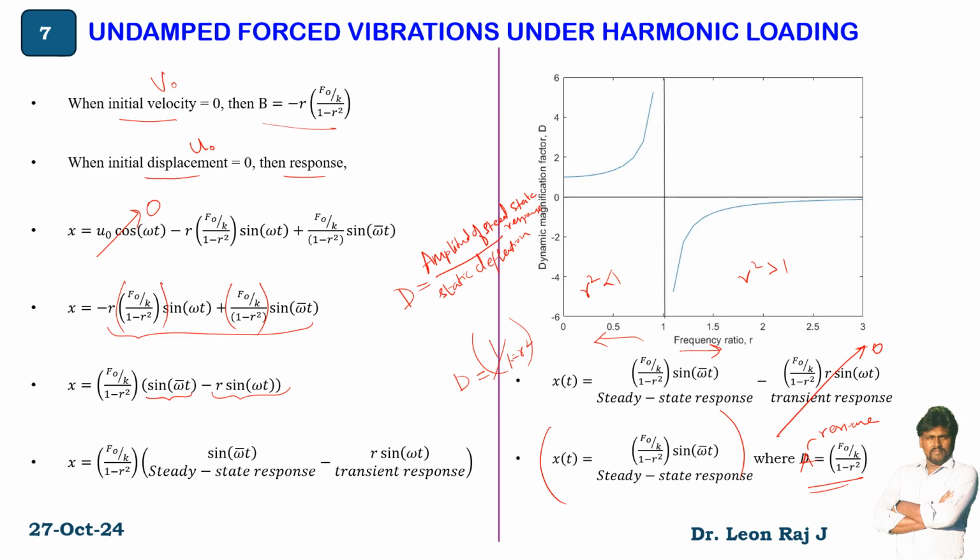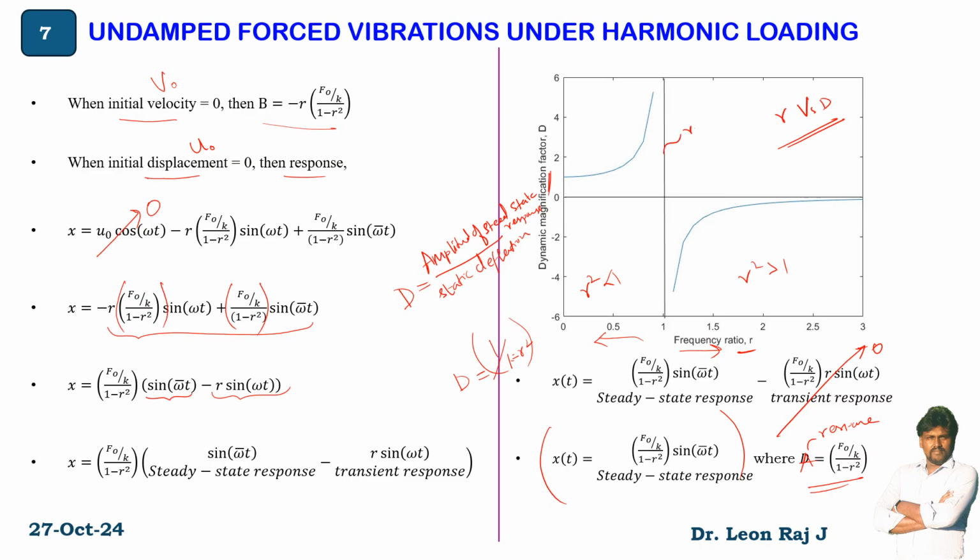The variation of frequency ratio versus dynamic magnification factor, r versus d, is shown in this graph, where r square less than 1 and r square greater than 1 are shown here. When the r value is equal to 1, then resonance occurs.